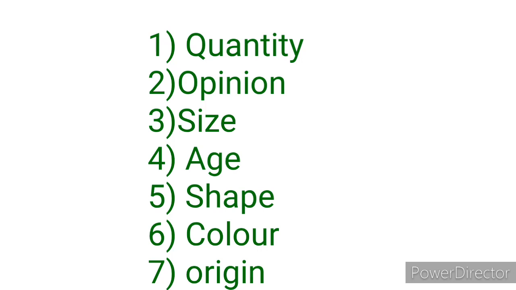After color, the next adjective is the origin, like Nigerian, American, or African. After it, you have the last one, which is the noun: the name of the person or the object that is being qualified, that all of the other adjectives are talking about.